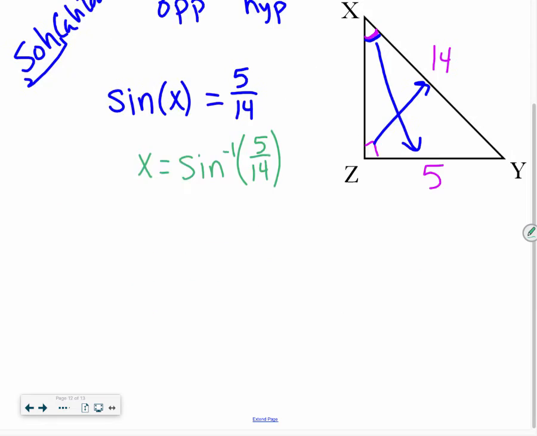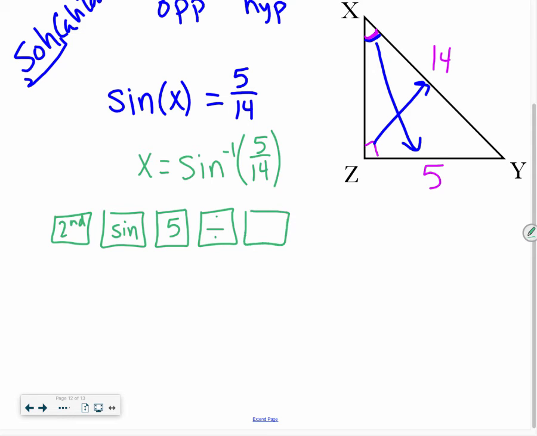So when you're typing it into a calculator, you're going to hit your second key. In this case, you're going to hit sine. It's automatically going to give you a parentheses. You're going to do 5 divided by 14.